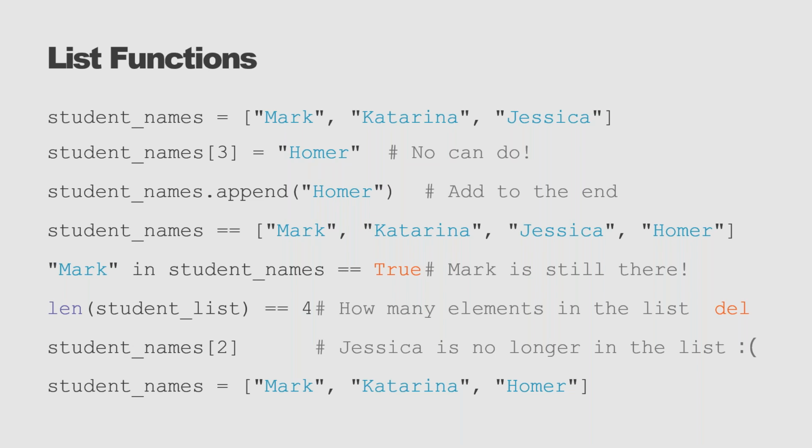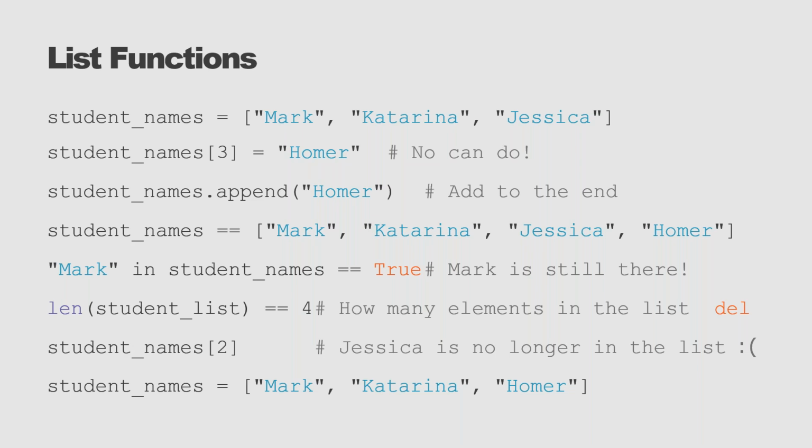So how to add it? There is one function given. Here you can append Homer. So line number 2 you cannot do that, but if you want to append a new element to the list, you can use the append function. It adds to the end. So now if you print line number 4, your list will be Mark, Katrina, Jessica, and Homer.